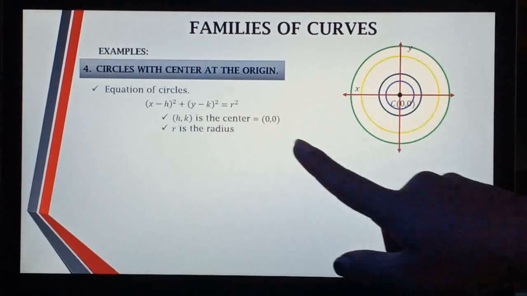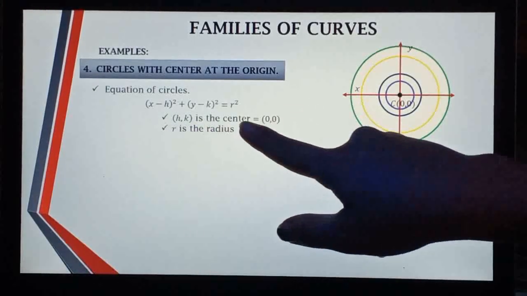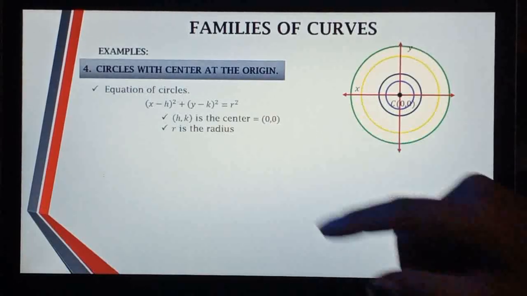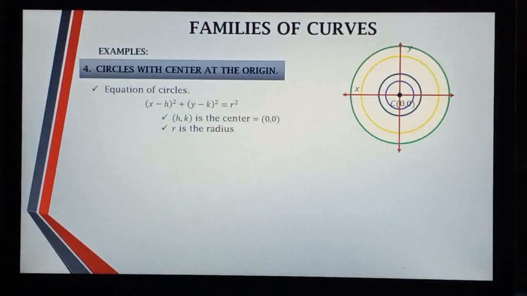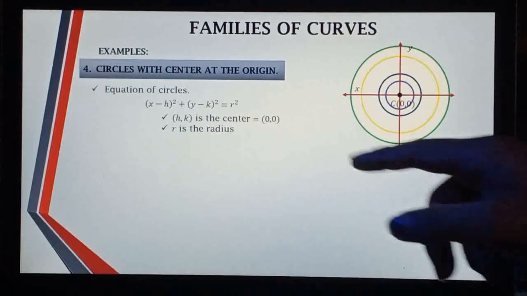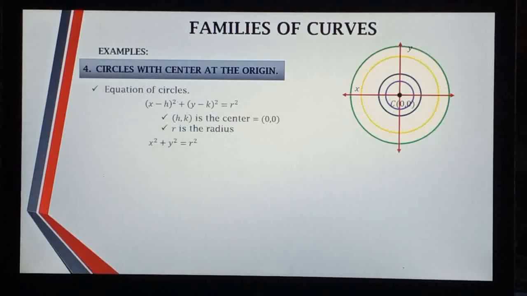Then, since si h and k ay nasa center, the value of the h and k is 0, 0. Tapos si radius, hindi naman sinabi kung gaano kalaki yung circle at hindi rin naman sinabi na fix yung radius ni circle. So r is changing. So your equation now is x squared plus y squared equals r squared.